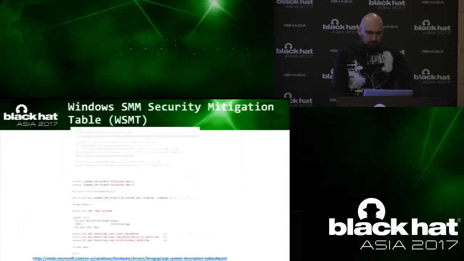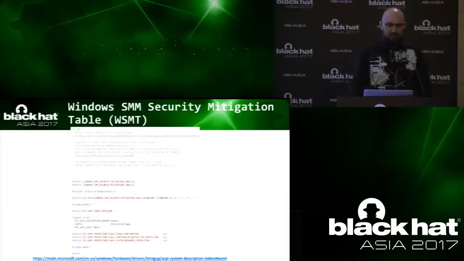I also want to mention WSMT, which is a specific ACPI table, the Windows SMM Security Mitigation Table, and it was recently delivered to EDK.